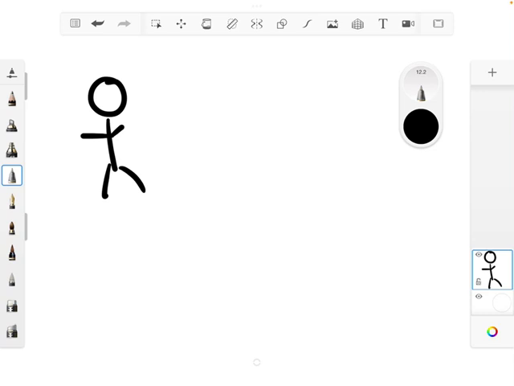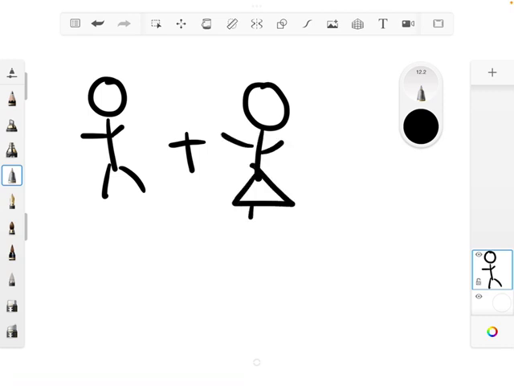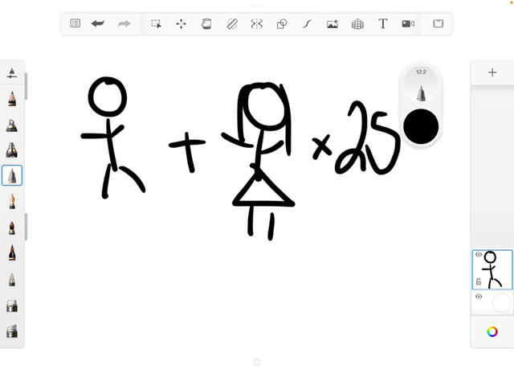And there's one guy in that class plus 25 girls. Okay? You would think, well, there's more women than men, so the pronoun should be feminine. There's more women. But that's not the way it works.